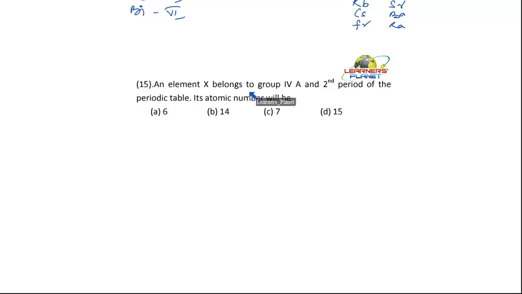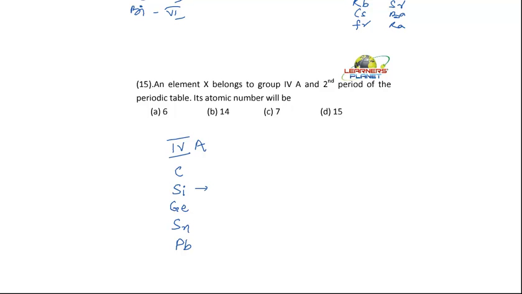Now let's take up our next question here. It is, an element X belongs to group 4A and second period of the periodic table. Its atomic number will be, so it is present where? It is present in 4th A group. What are the elements there? The elements are carbon, silicon, germanium, tin and lead.